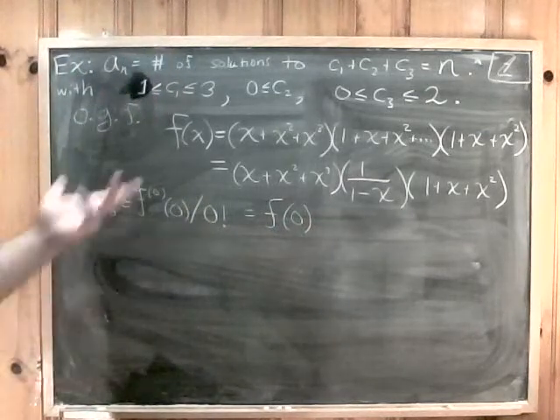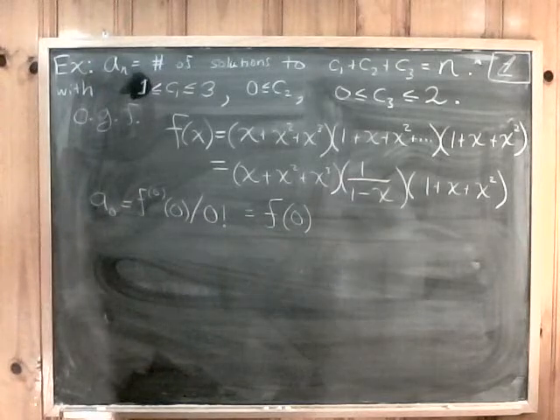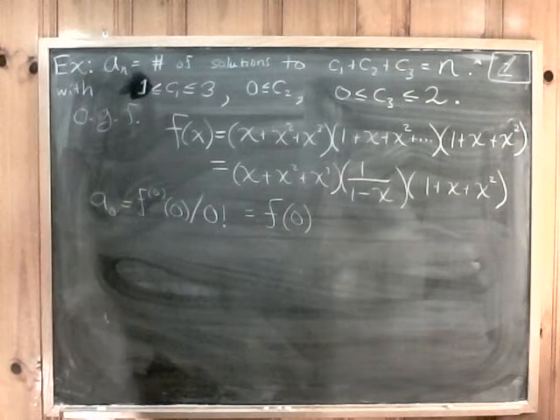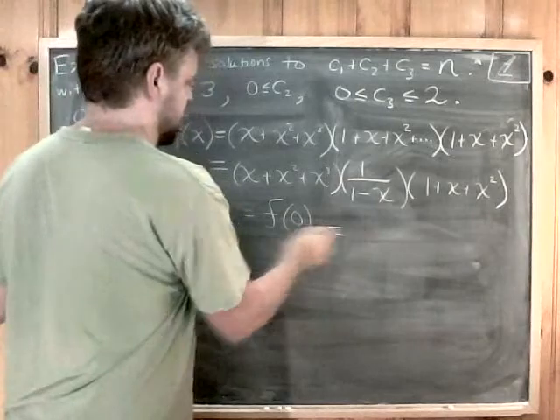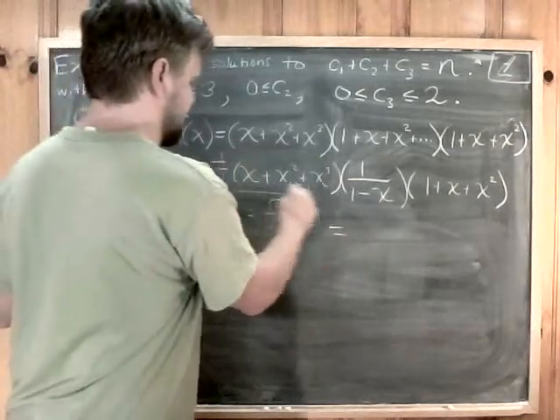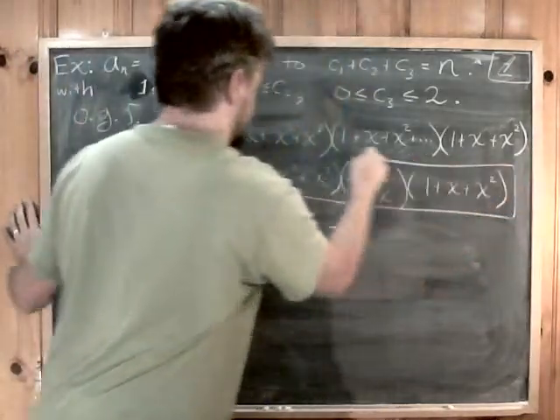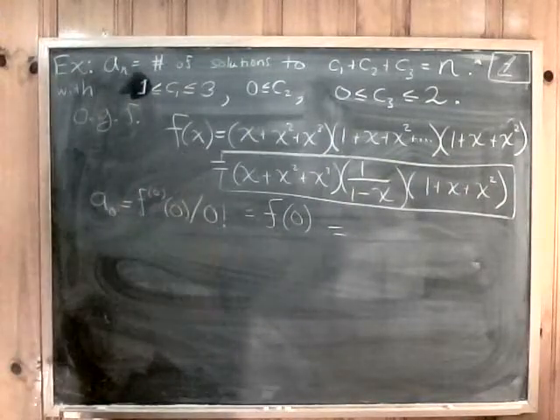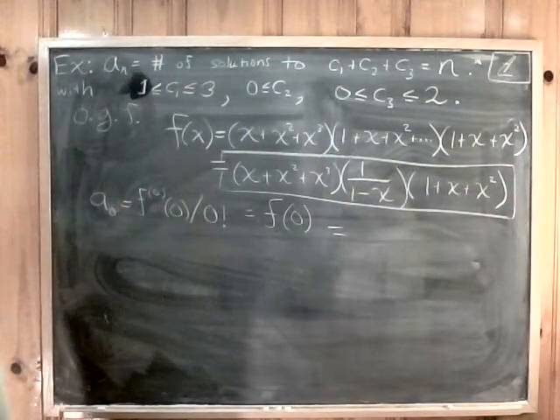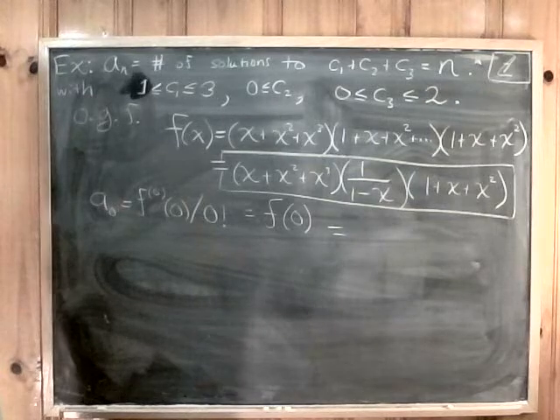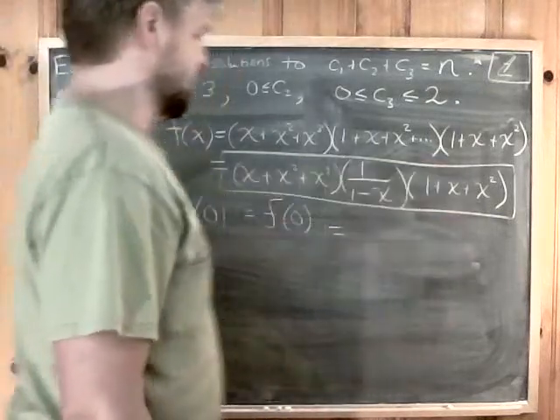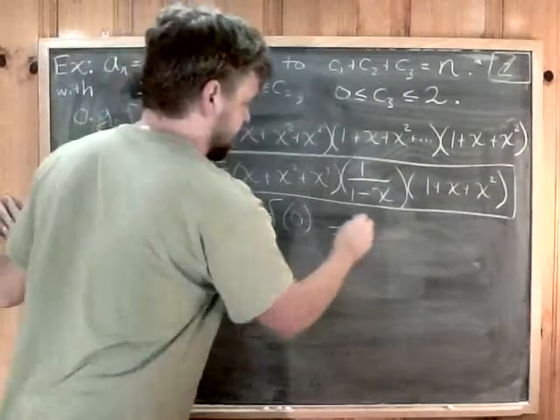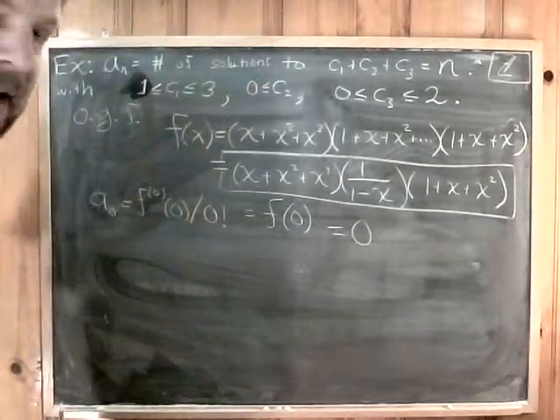So that just was asking for f of 0. And I plug a 0 in for x into this answer here. And I get, oh, well, the first factor is 0 plus 0 plus 0. And 0 times 1, and then times 1 equals 0.